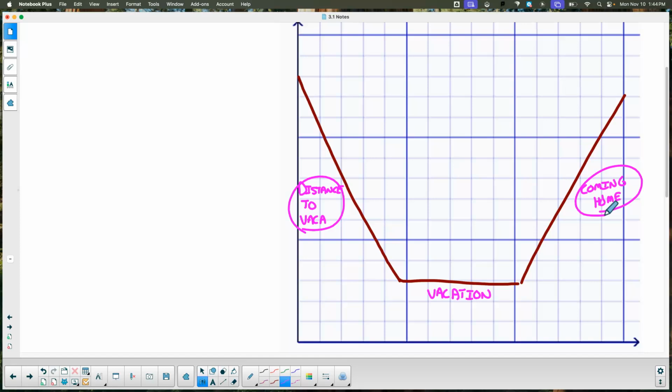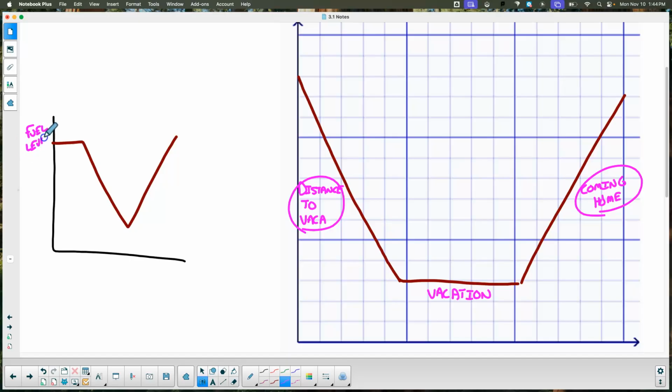Could make another one. I just thought of this one. For me, this would be fuel levels in one of my tractors.